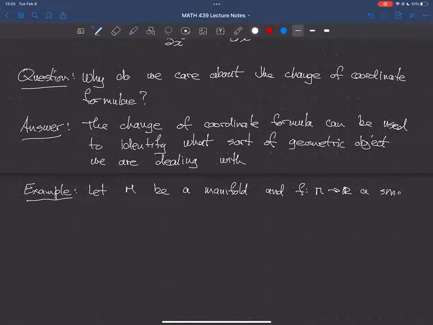In geometry, typically when you say function, you mean a scalar valued thing. If it's not scalar valued, you often will call it a mapping or a map. So function means scalar valued.